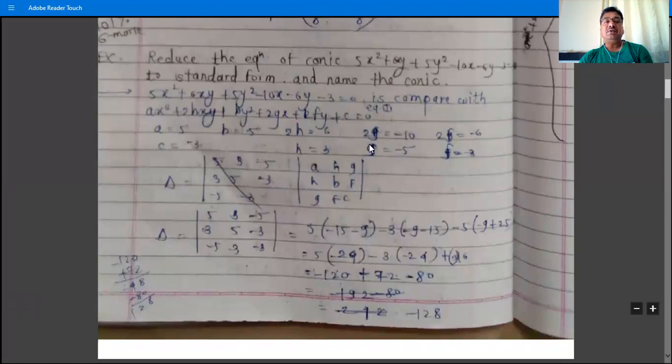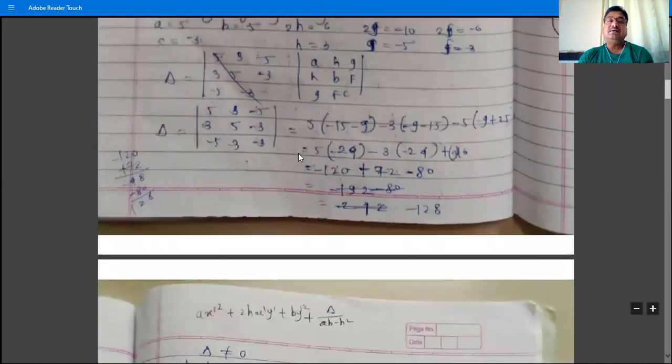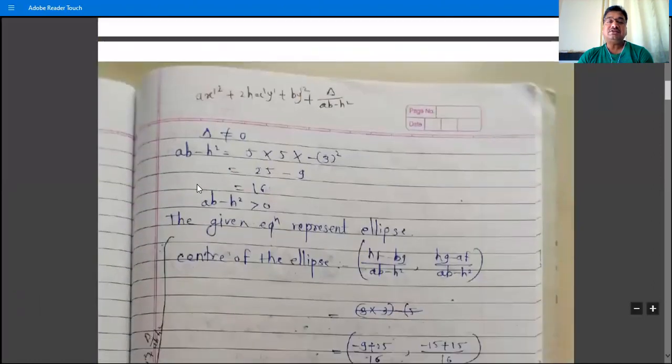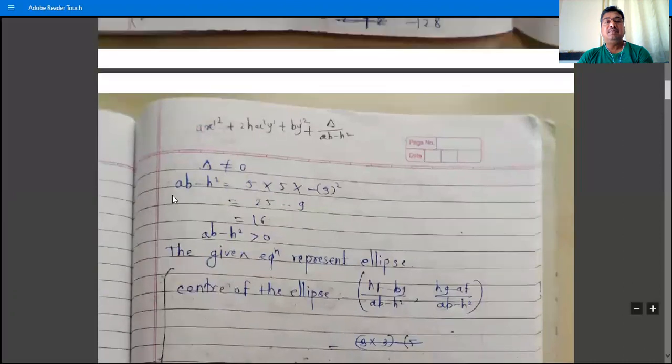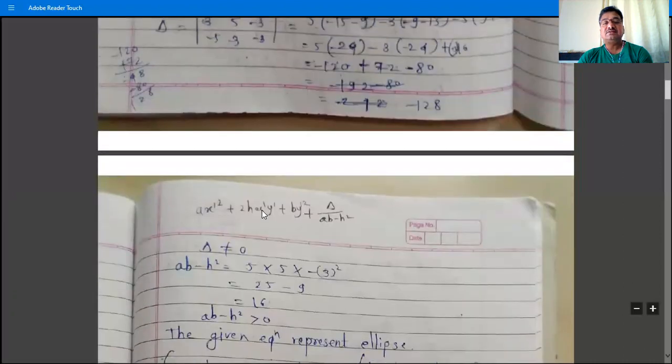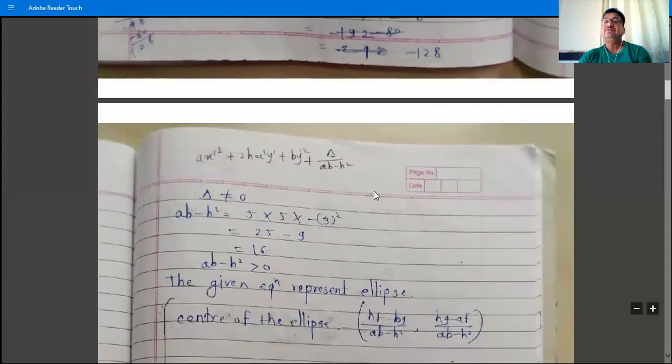So in order to reduce the equation to standard form, first find delta, then ab minus h square, then shift the origin to its center, or directly write the formula that ax dash square plus twice h x dash y dash plus by dash square plus delta divided by ab minus h square is equal to 0.